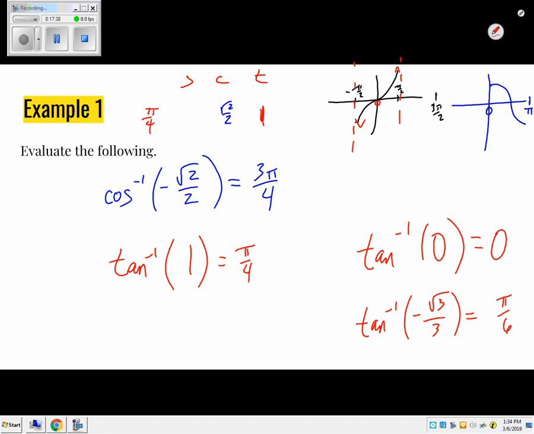If it is sine or tangent, watch this. If it's one of my odd functions, just pull that negative every time. Every time. If it's one of the odd functions, it'll work. Same thing as 11 pi over 6. I got that. It's not 11 pi over 6 though. 11 pi over 6 would be way out here. I have to stay right here. Negative pi over 6. It's the same value.